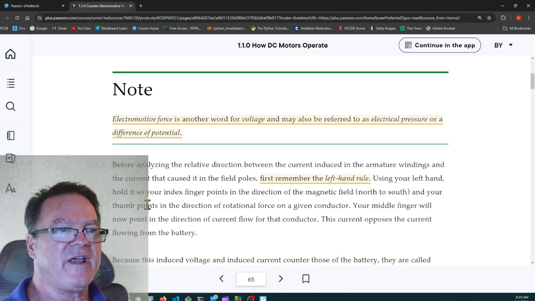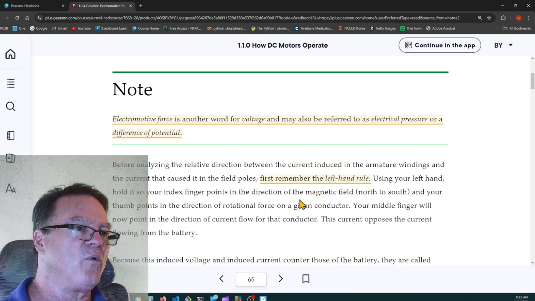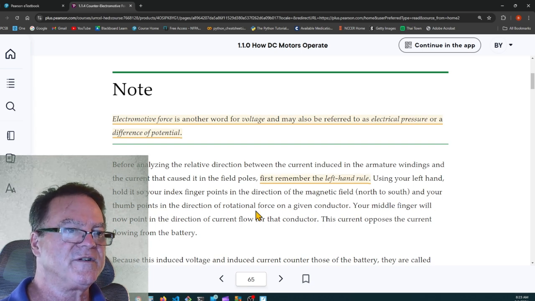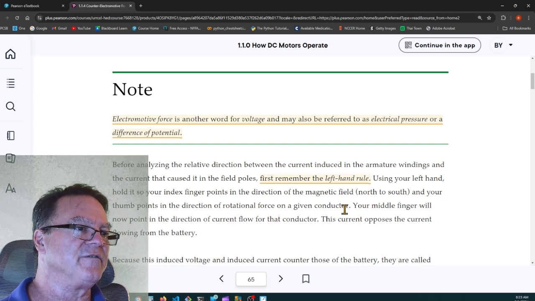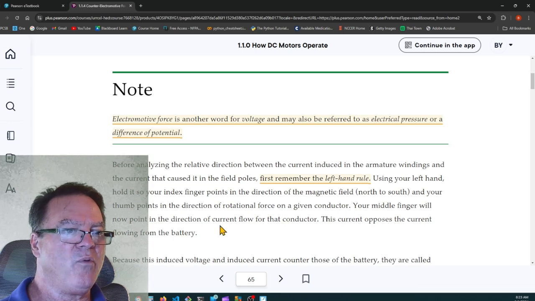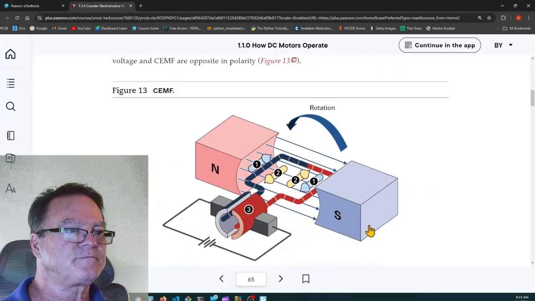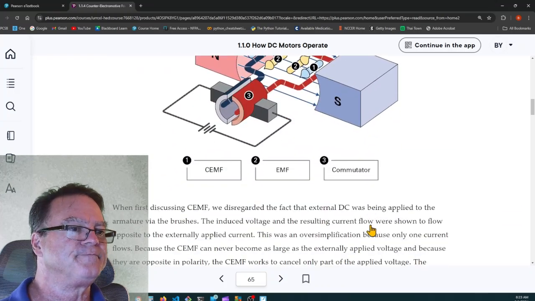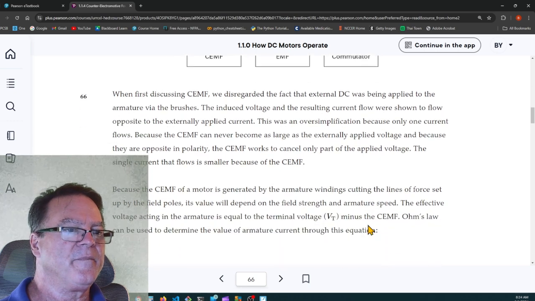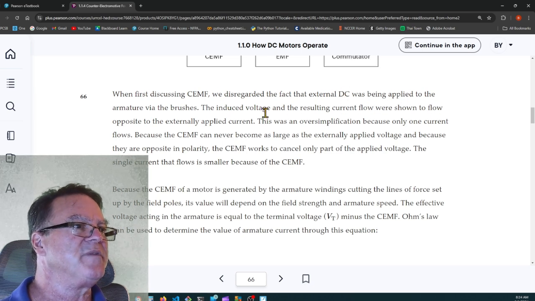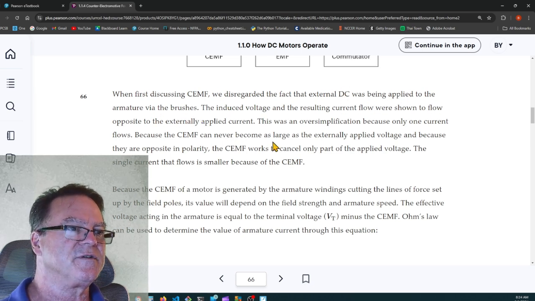Using your left hand, your index finger points in the direction of the magnetic field, the flux, and your thumb points in the direction of the rotational force on a given conductor, the thrust. Your middle finger will now point in the direction of current flow, the motive force for that conductor. When first discussing counter electromotive force, we disregarded the fact that DC was being applied to the armature via the brushes.